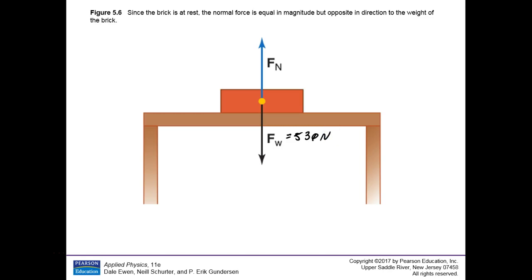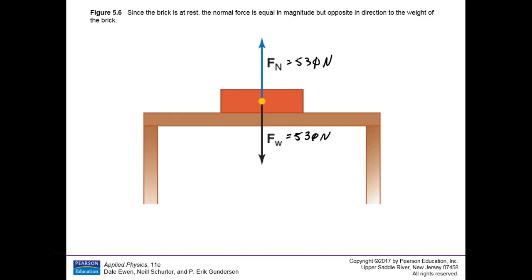The normal force, what do you reckon it's going to be? Is that brick falling through the table? No. Is it flying off the table? No. So what do you reckon the normal force is going to be? 530 newtons. The net force is going to be 0.